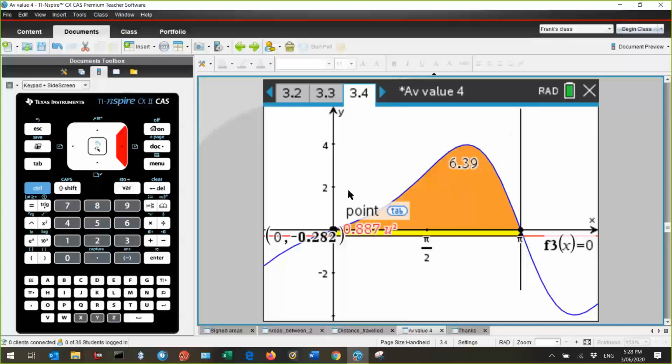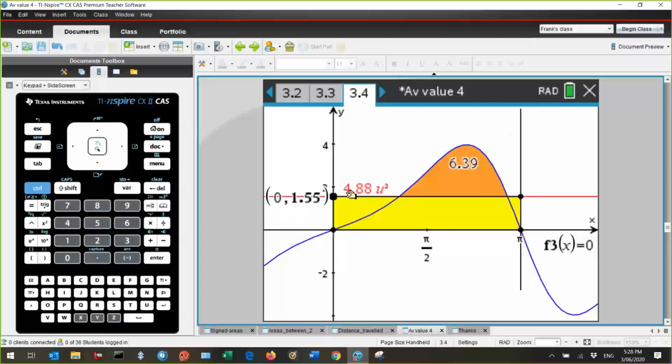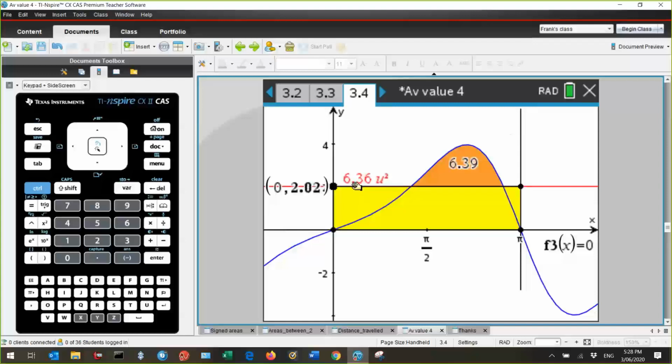So I need an equivalent yellow area that is also 6.39. And it's somewhere around about there. So I can see that, yes, it's round about the 2.